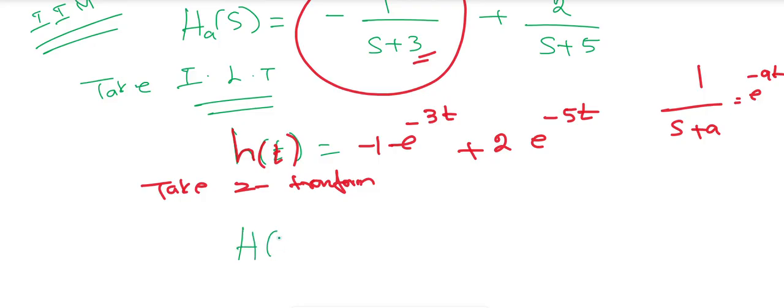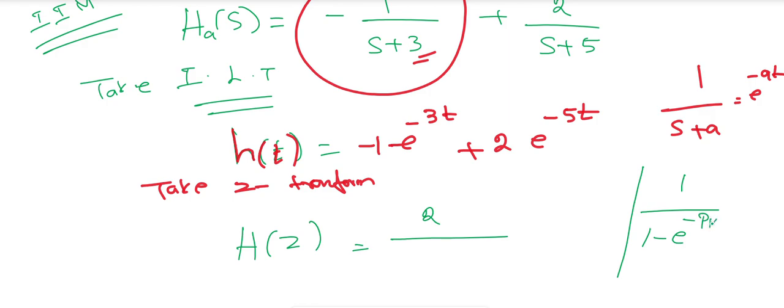So how can we write H of z? Directly from the impulse invariant method, the formula is 1 by 1 minus e power minus pk into z power minus 1.